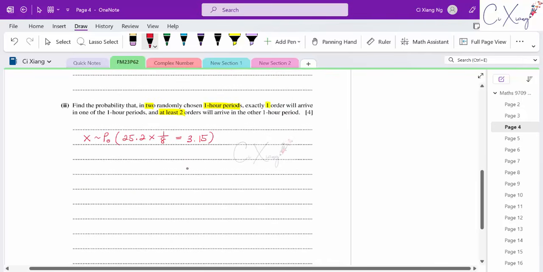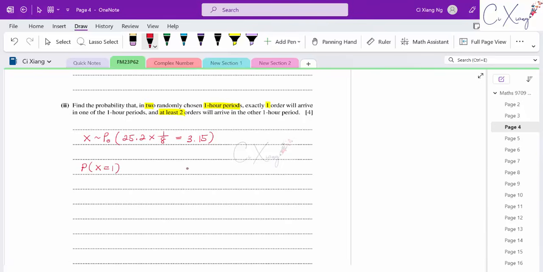According to the question, we have one period with X equals 1, exactly 1 order will arrive. And for the other period, we have at least 2 orders, so the number of orders is greater than or equal to 2. At least means including 2 or more. So maybe this is the first period where X equals 1, and this is the second period where X is greater than or equal to 2.